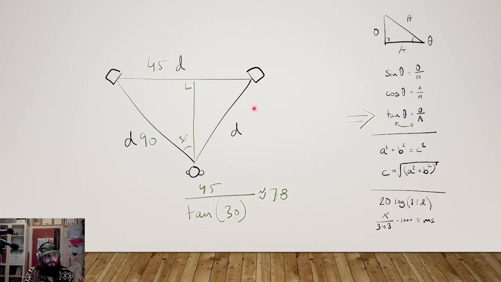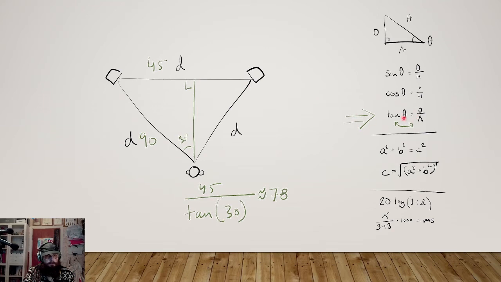Now we could also use the same information here, the 90 and 45, and use trigonometry to calculate the same side, because now we know the opposite, 45, and we want to find the adjacent, and we know the angle, which is always 30 in this perfect relationship here.